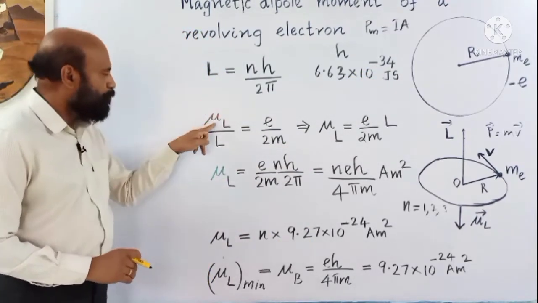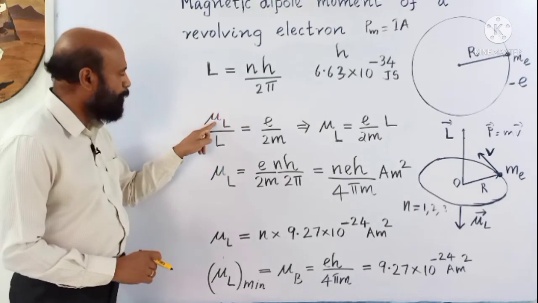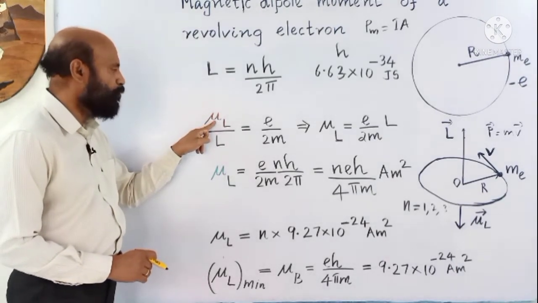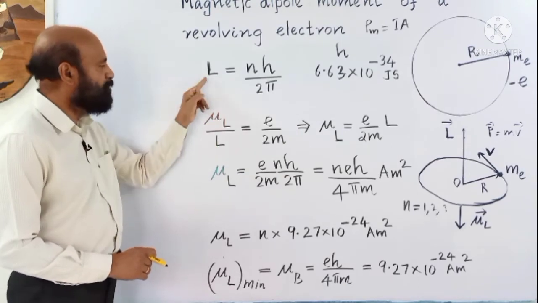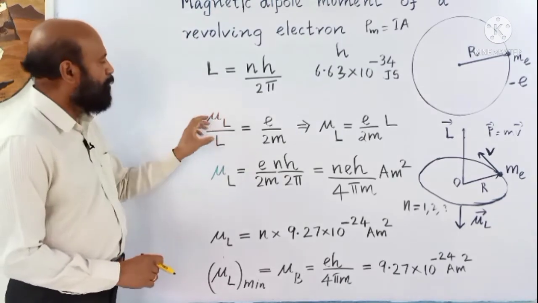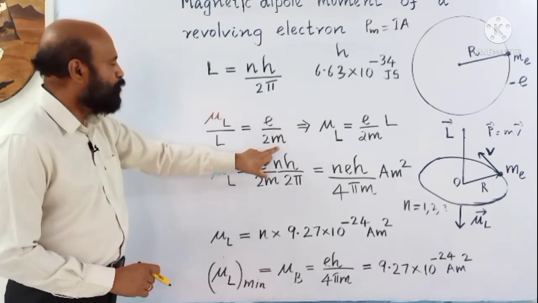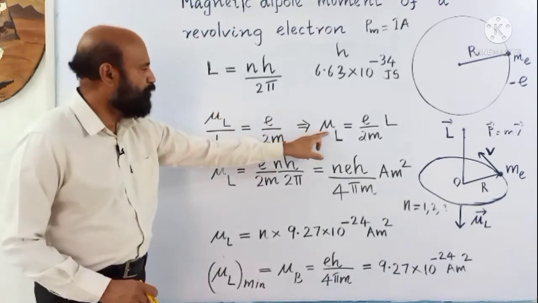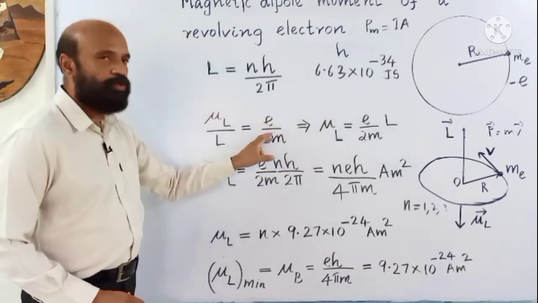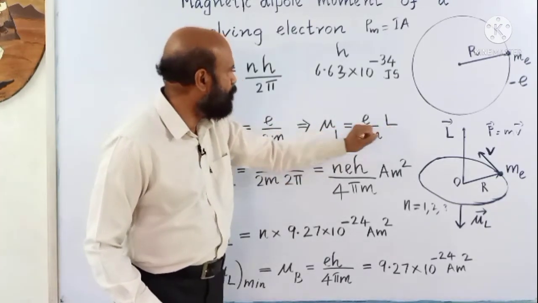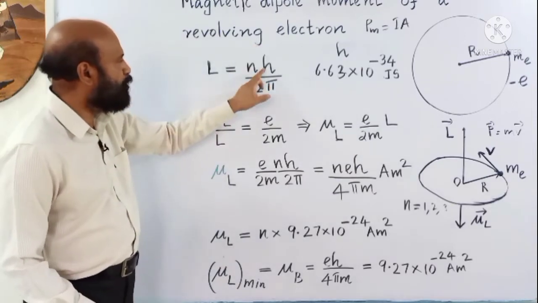Now you know gyromagnetic ratio. Mu L is the magnetic moment of the revolving electron, L is the angular momentum. Gyromagnetic ratio is e by 2m. So from this we can write mu L is e by 2m into L. For this L we can substitute this n h by 2 pi.